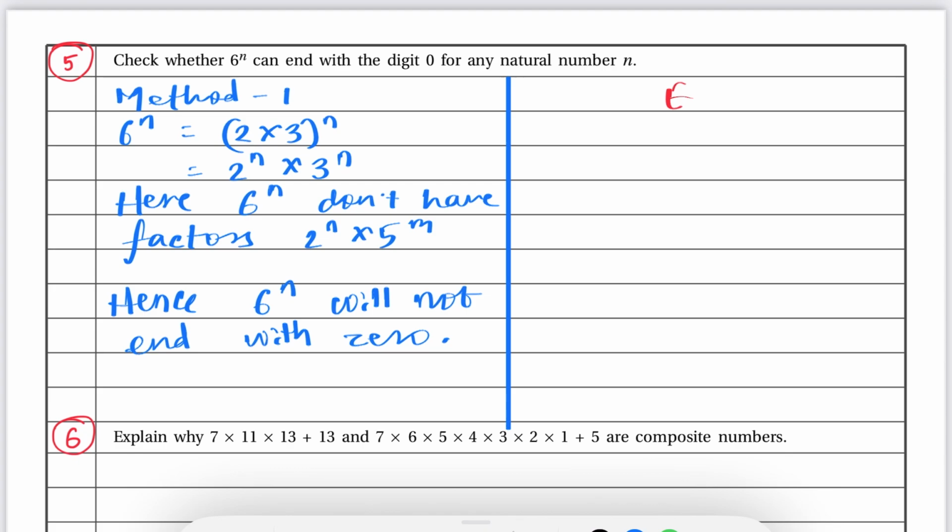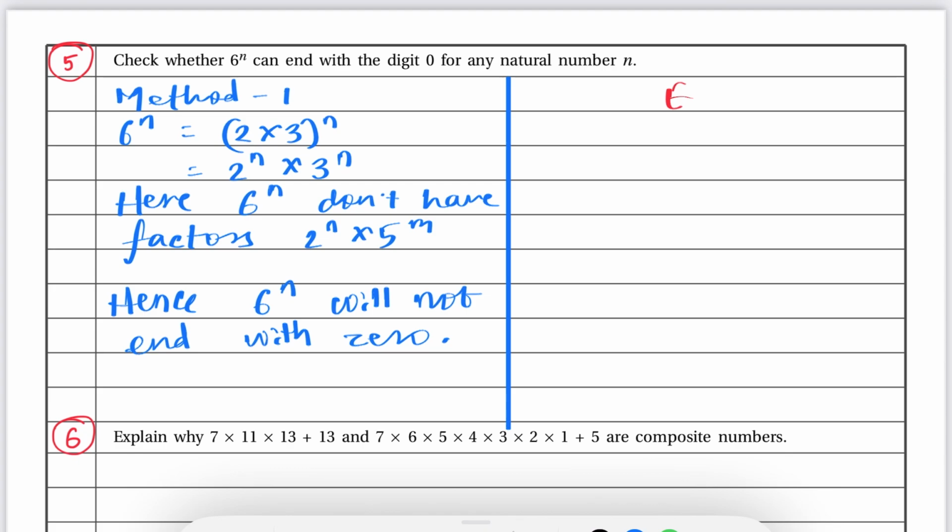So when there is a number ending with 0, you will have factors 2 and 5 compulsorily. So if you observe carefully, here we are having 2, but is there 5 here? No. See, there will be no number that will end with 0 when you have 6 power n.